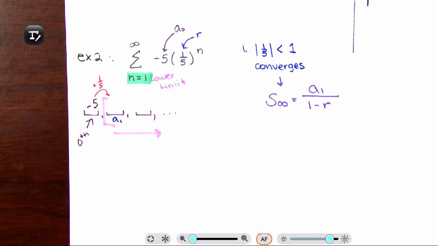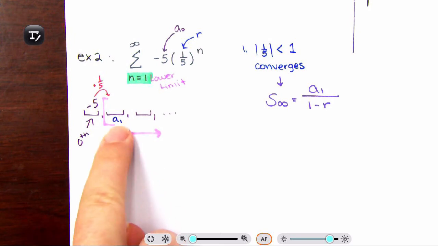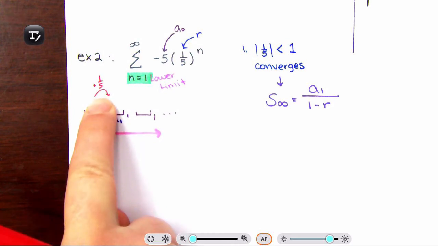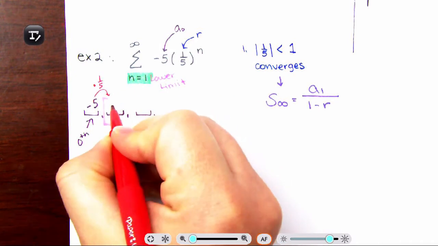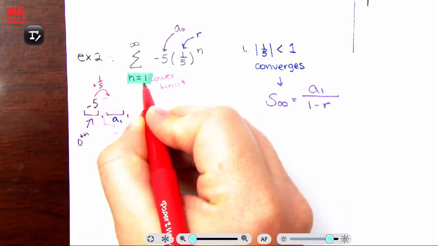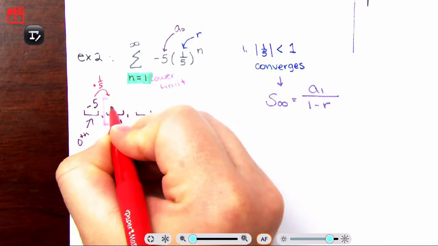Alrighty, let's go ahead and figure some stuff out. We want to find out the term in the first position. You can do this different ways. You can use the formula, or you can just use the common ratio. So if I have -5, I multiply by 1/5. That means the term in the first position for my lower limit is going to be -1.